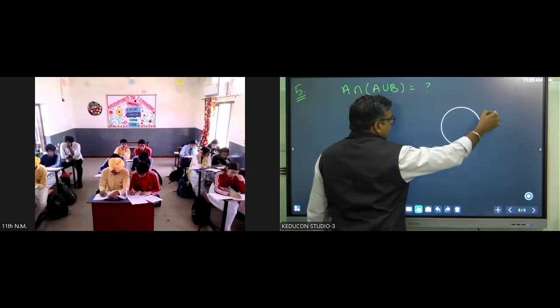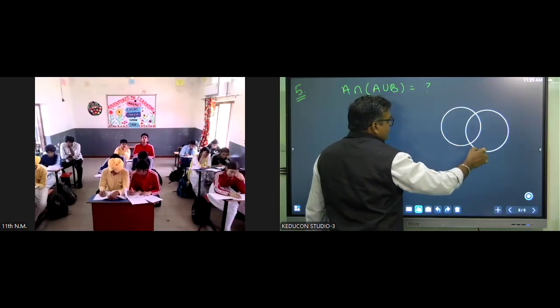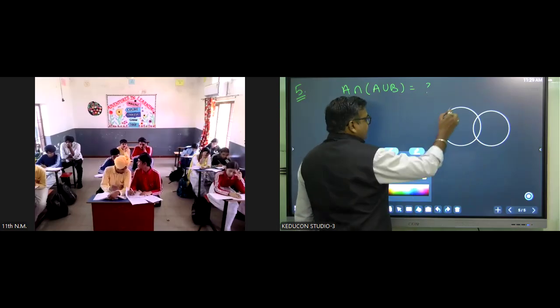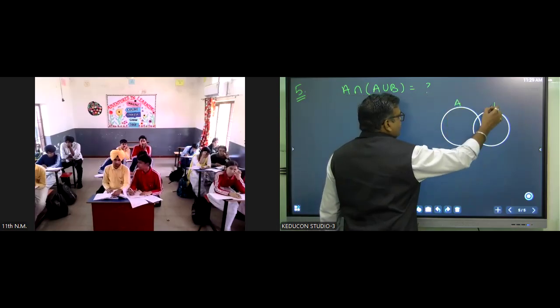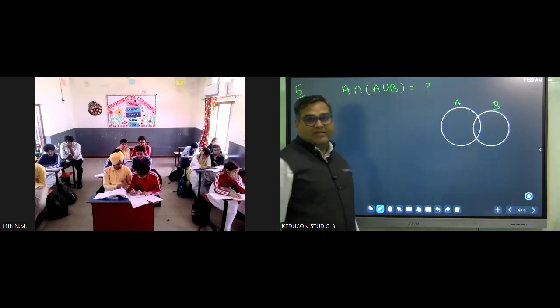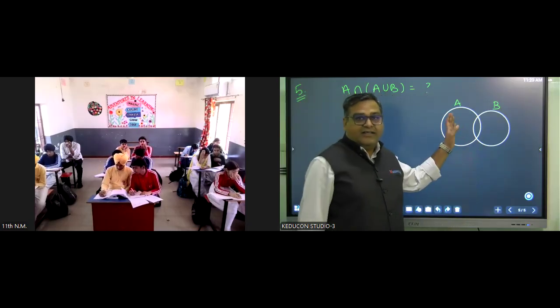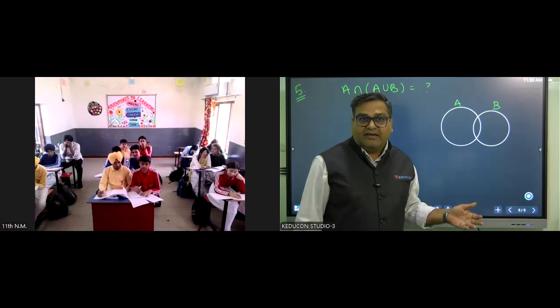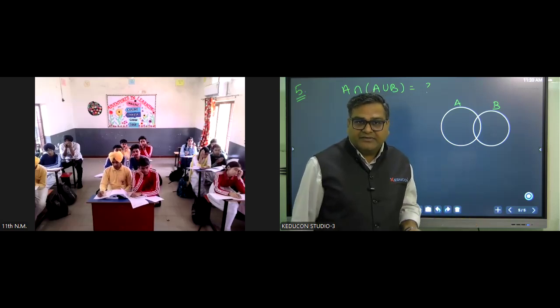Okay, students, these are two sets, A and B. This is A, this is B. Now what will be the intersection of A union B and A? It will be A itself. Yes or no?